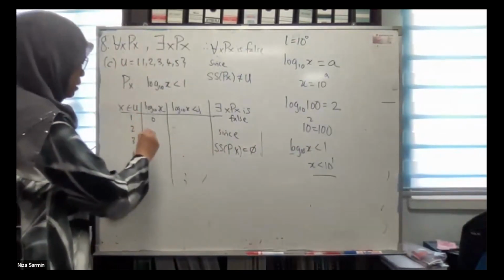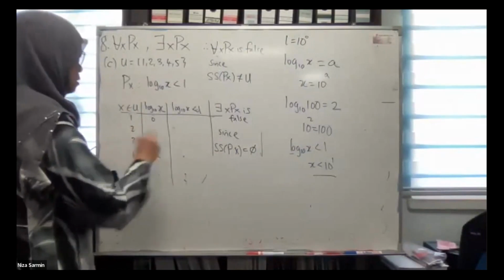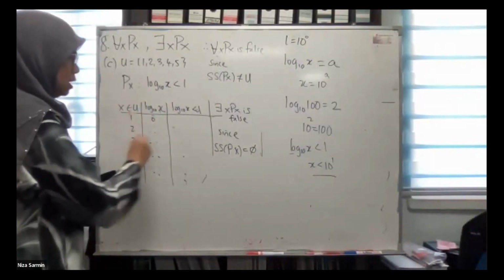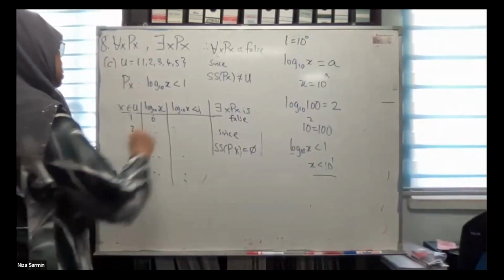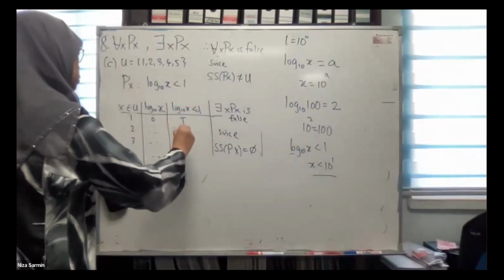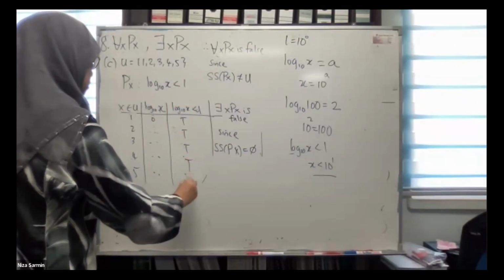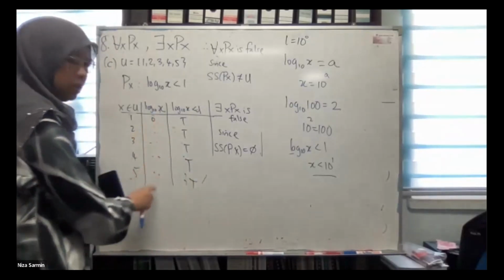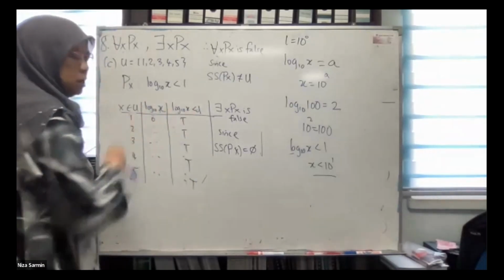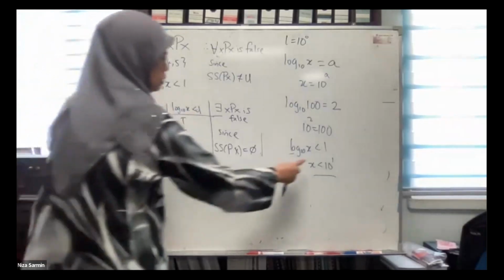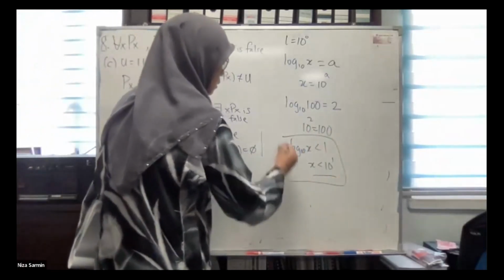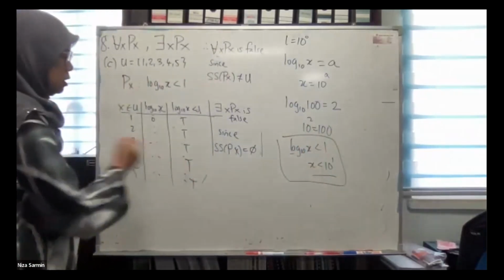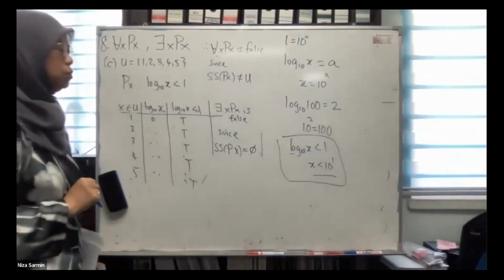So there are two ways. One is to find the log and check it is less than 1. Another one is you can use this and straight away get all to be true.